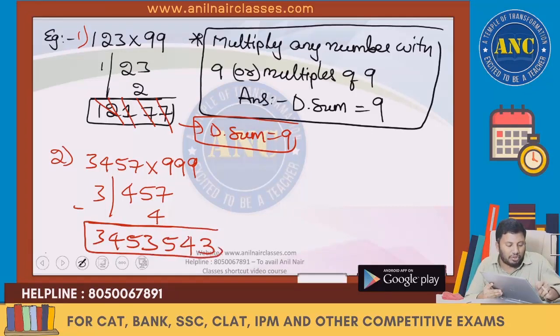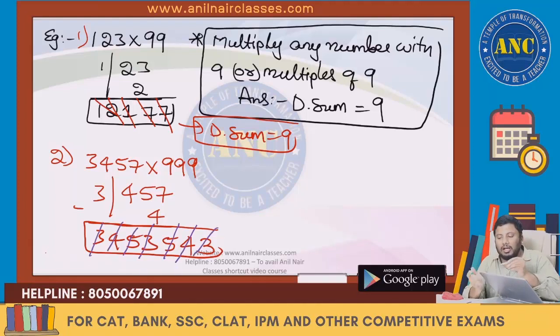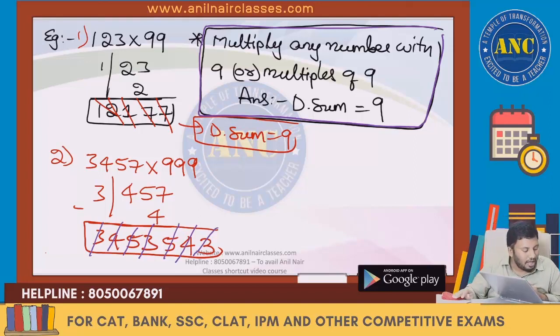So 3453543. Check the digital sum: 5 plus 4 is 9, and 3 plus 3 plus 3 is 9. Multiply any number with 9 or multiples of 9, and the answer's digital sum will always be 9. I hope it is clear.